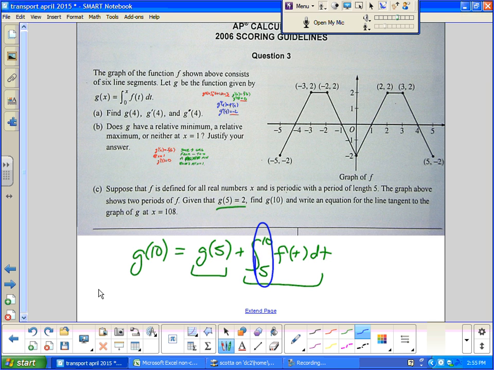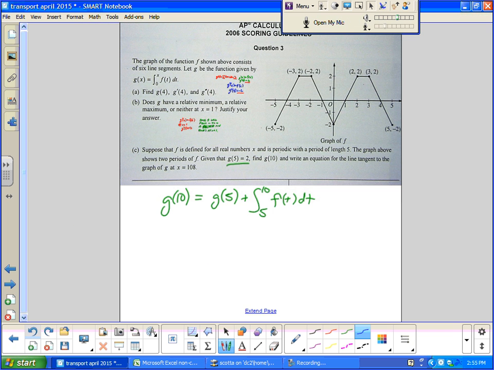They're saying from g of 0 to g of 5 is 2, and then from 5 to 10. So it's really pretty easy. I don't have to actually do this integral. I can just say it's 2 plus 2. So g of 10 is 4.